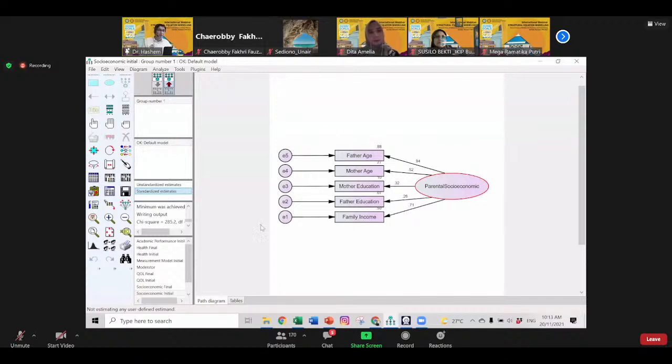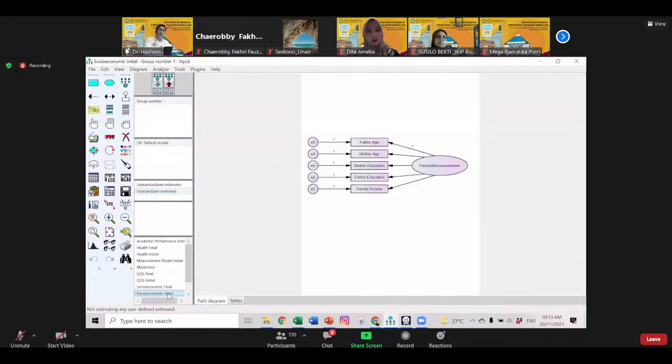So from the beginning, you go for this one, and I save it, for example, as socioeconomic initial, because I put all of them in. As I said here, you can see the factor loading of, for example, mother education and father education is less than 0.5. So I eliminate these two measurement variables from the latent variable.